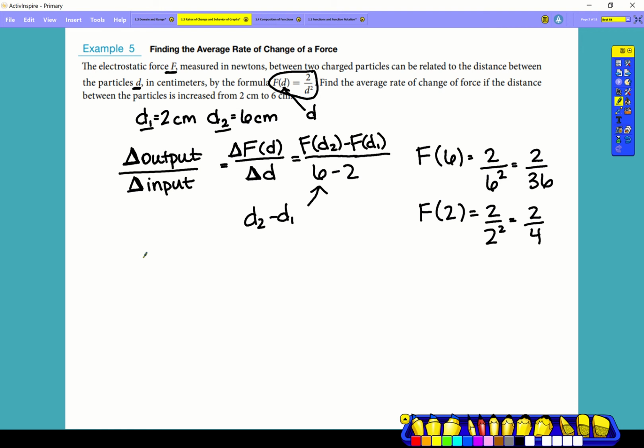So now we're going to have 2 divided by 36, which is F of D2, and F of D1 is 2/4, divided by 6 minus 2. So now we need to deal with these fractions.